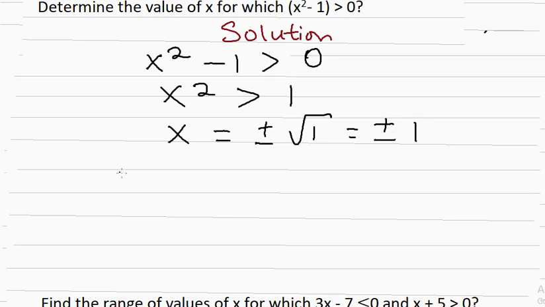If you want to write it in a range, minus 1 is less than x, and x is less than plus 1. So this is the values or the range. The value of x is always written as a range: minus 1 is less than x, and x is less than 1.